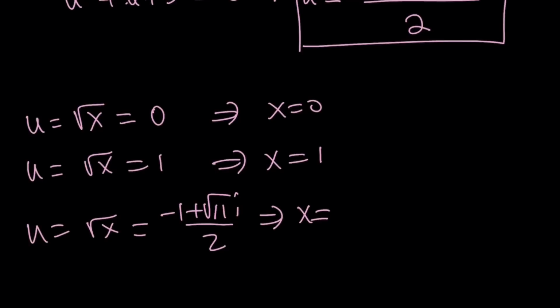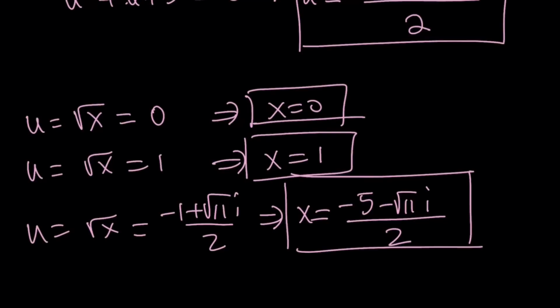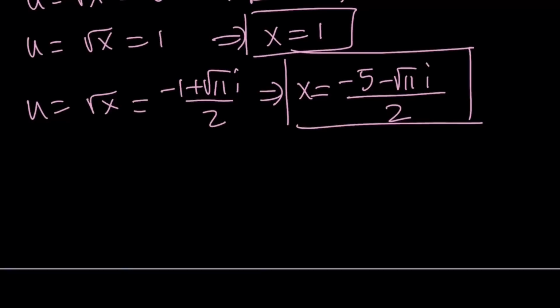And if you square this, you're gonna get a non-real solution as well. And to keep a long story short, that is going to be negative 5 minus square root of 11i over 2. So far we got 3 solutions, and the fourth one is going to be coming from the conjugate of this complex number, and that is square root of x equals negative 1 minus square root of 11i over 2.